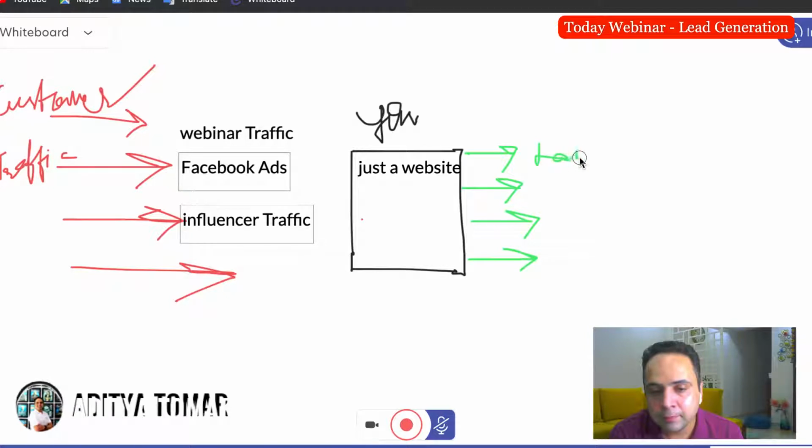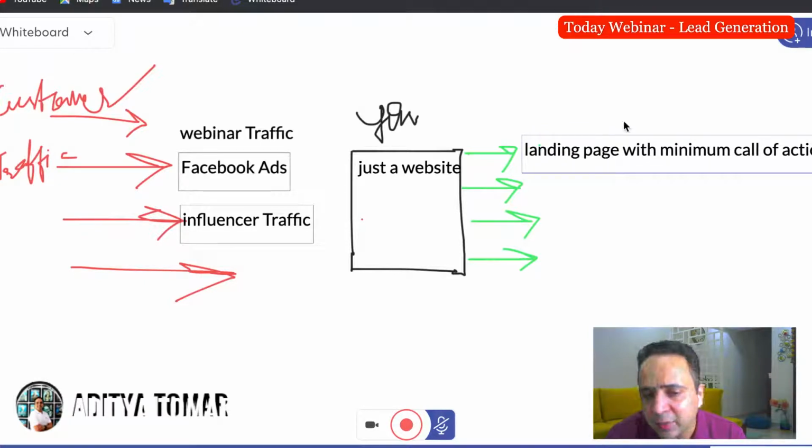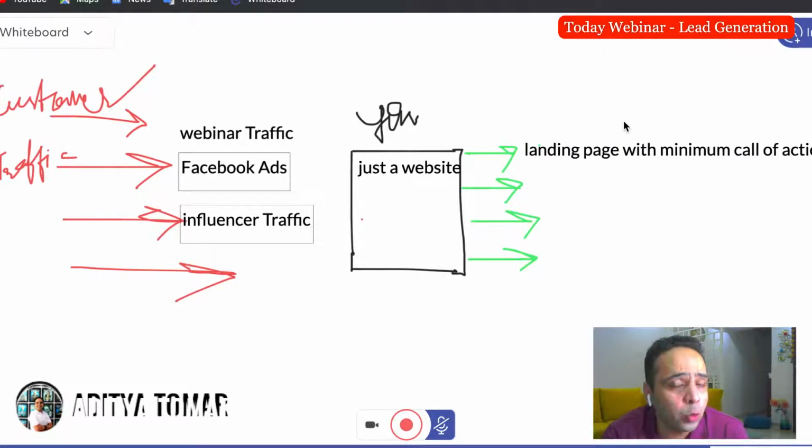a landing page. I can't write well with this. Okay, let me type for you. So that will be the landing page with minimum call to action, right? That's the reason I have landing pages for every service that 2T Hub does, and they have the minimum call to action.